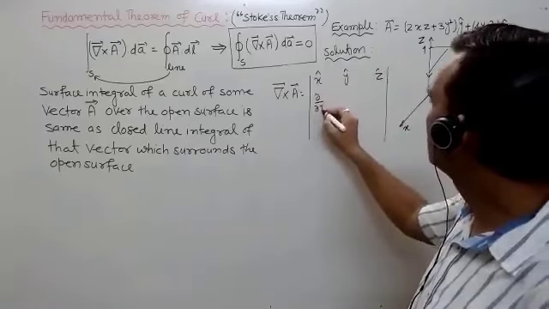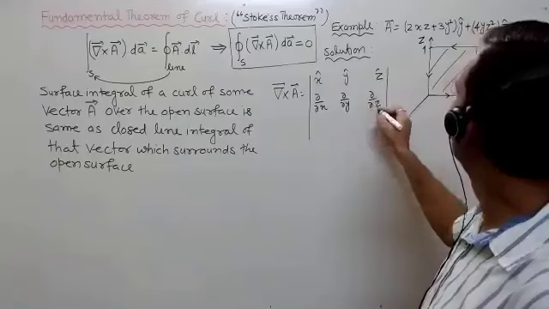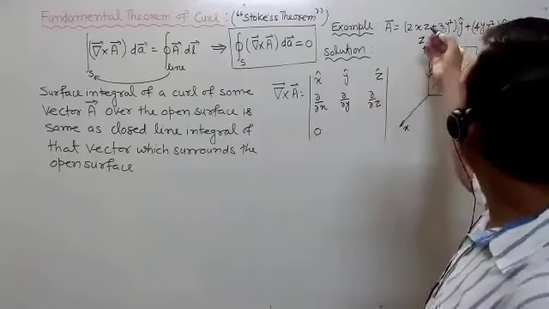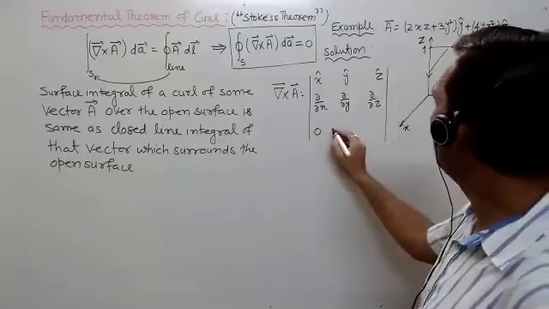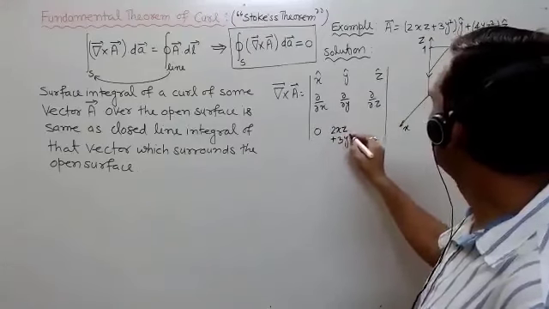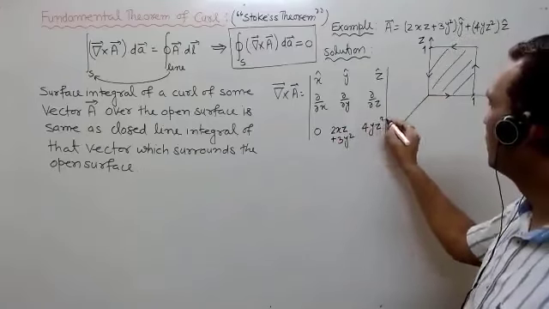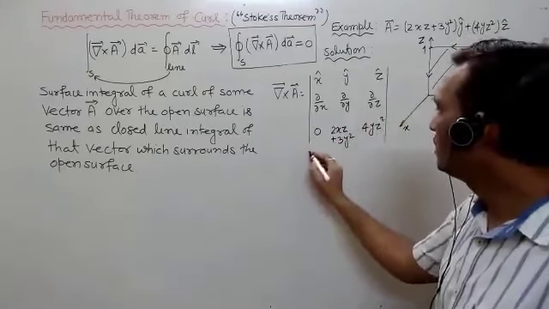So this is del x, del y, and del z. The Ax component is 0. This is the Ay component, so Ay is 2xz plus 3y square, and this component is 4y z square. So you can easily expand this.